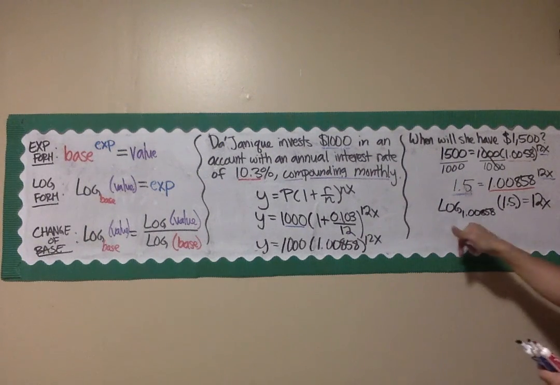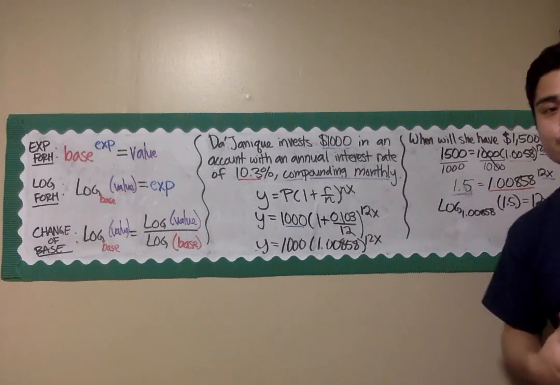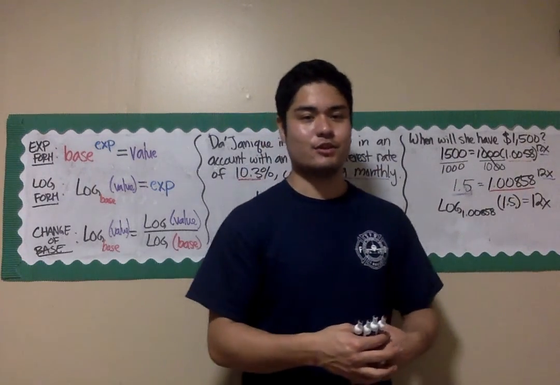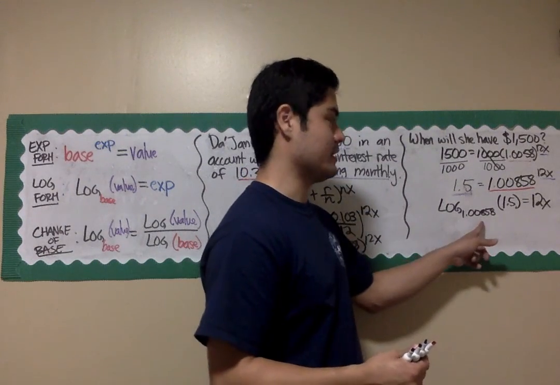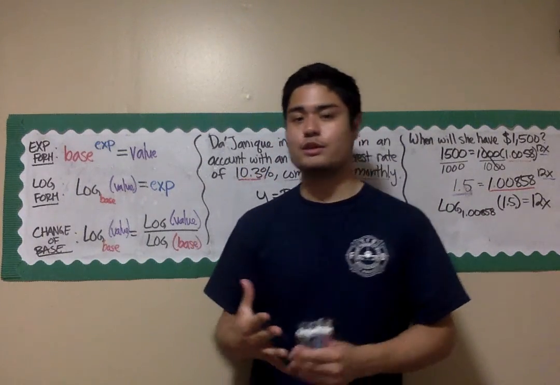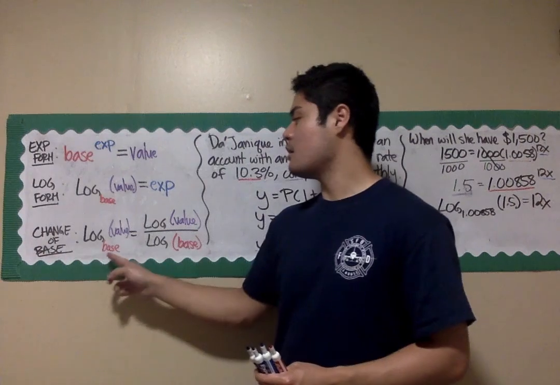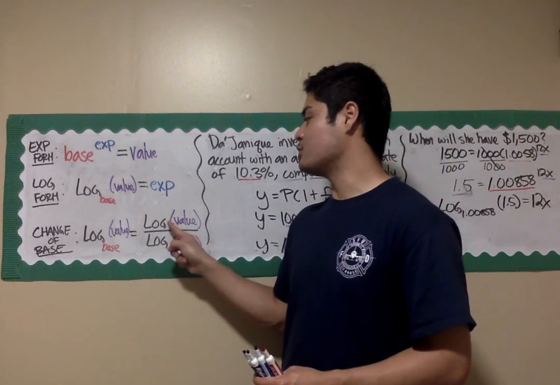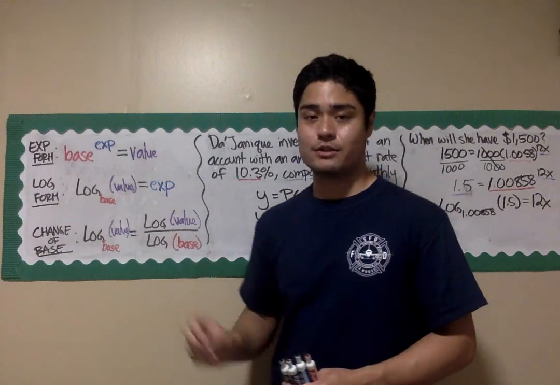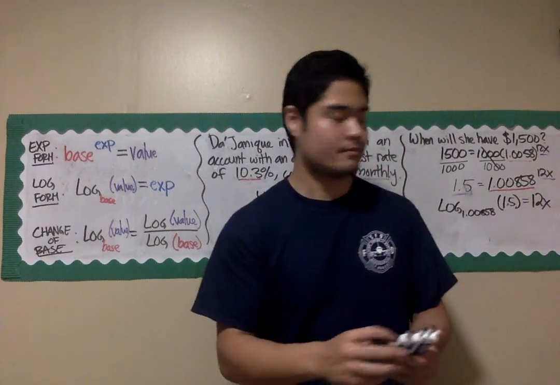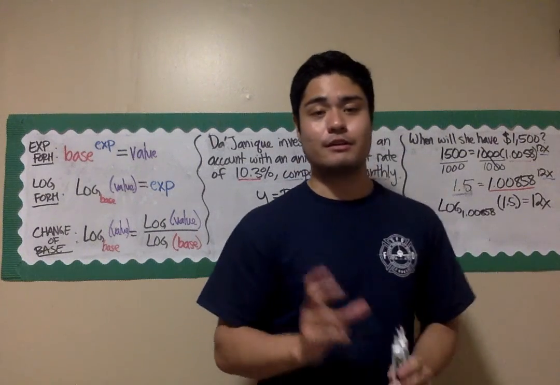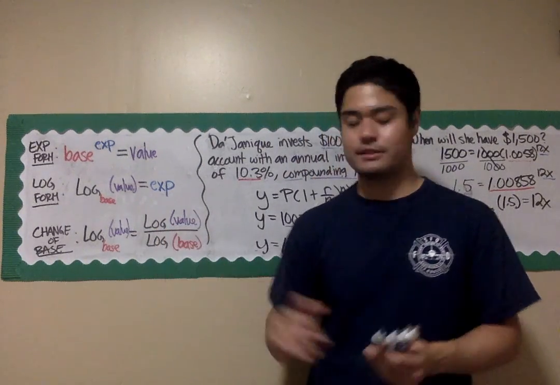But now we have this ugly logarithm. It has this ugly base, and when you're using a graphing calculator, especially in AP Calculus, your graphing calculator might not be able to handle this. So we're going to use the change of base formula, where I can turn any logarithm with whatever base into a fraction where the bases are the same, where the base is 10. So instead of log base this of this value, I'm going to rearrange it so it looks like this fraction.